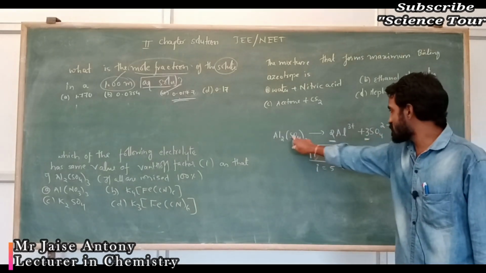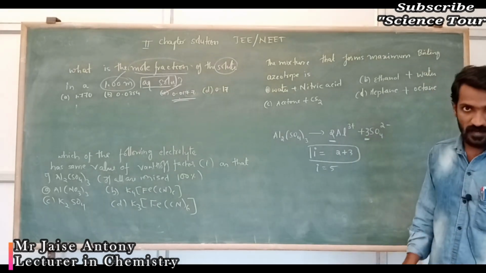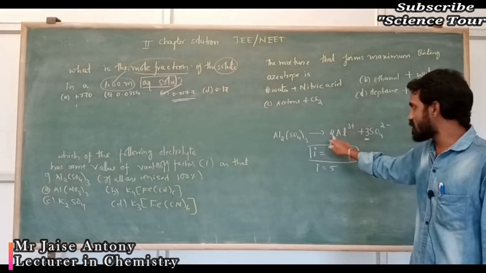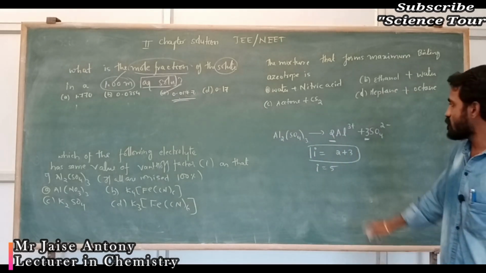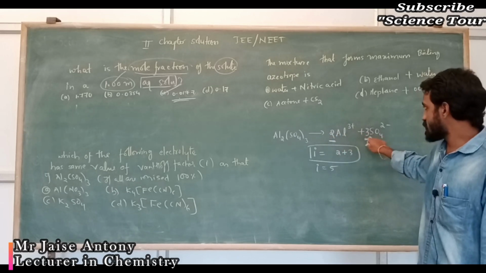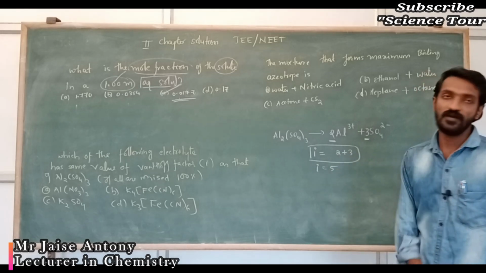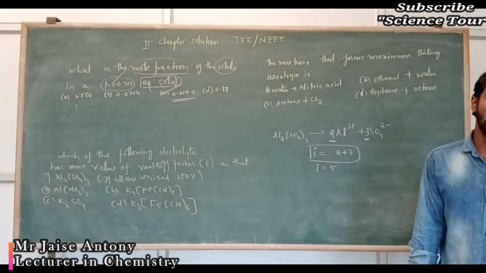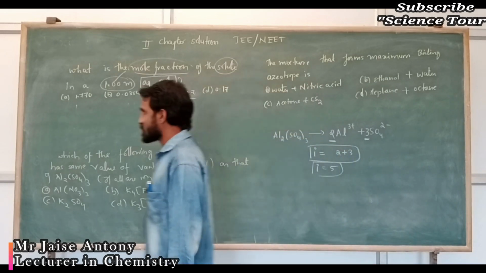Just I wrote Al3+ and SO4 2-. After that you have to balance the equation. Here 3 sulfur is there, so I put here 3. Understood? This becomes 3 into 4, 12. Oxygen is balanced, sulfur is balanced. Here 2 aluminum is there, just I added 2 here. Now you check the number of ions: 2 aluminum ions, 3 sulfate ions, total 5 ions. So dissociation gives Van't Hoff factor 5.